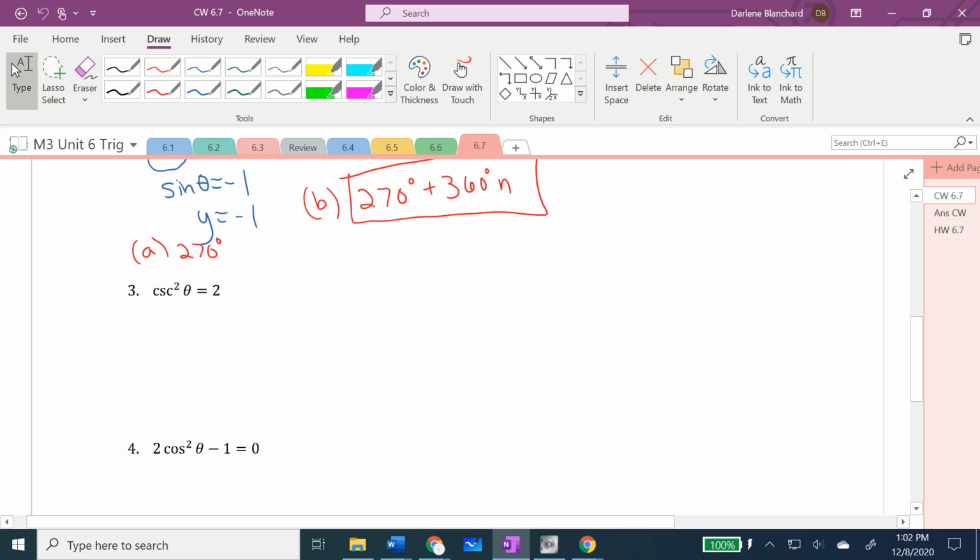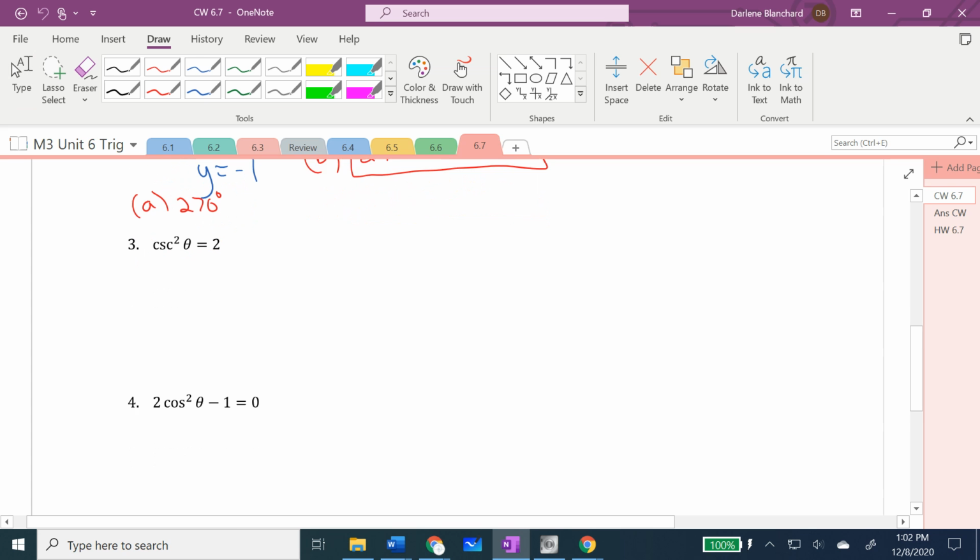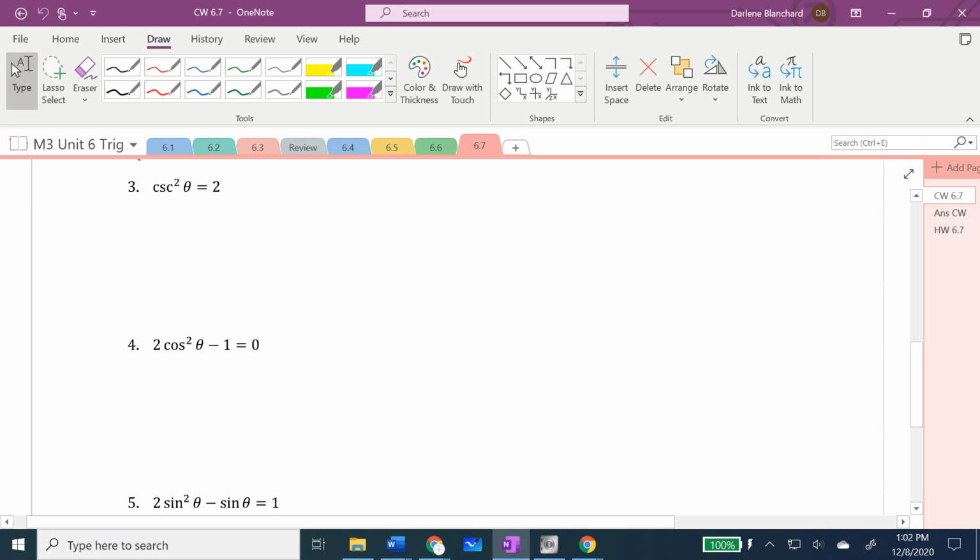All right, now we're going to get a little bit harder. I'm going to have you start with the algebra of isolate cosecant. And you need to be familiar with a particular notation.